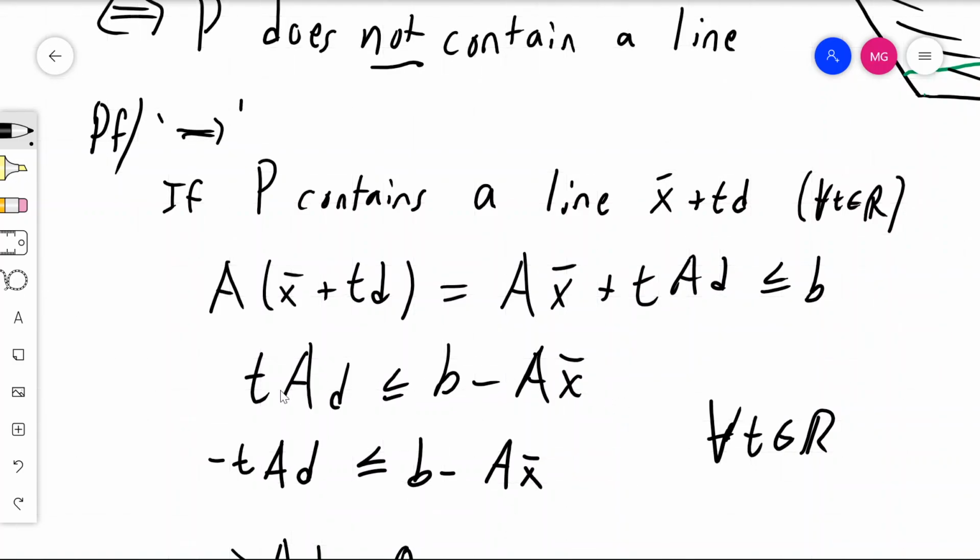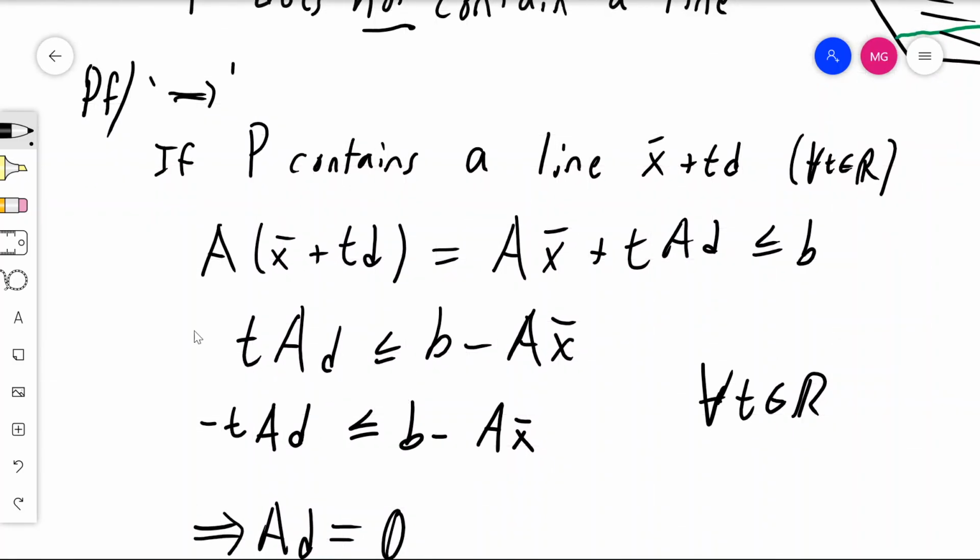But t ranges over all the numbers. If t is some fixed number, I can also change it to be the negative of that, and that's another valid value of t that has to satisfy this constraint. So not only does tAd have to be less than or equal to this right-hand side, but so does minus tAd, because we're going in both directions of the line.